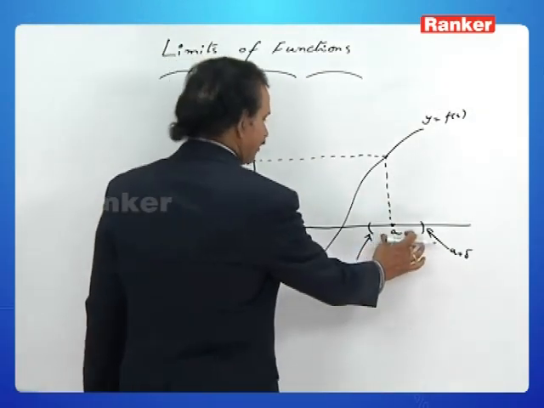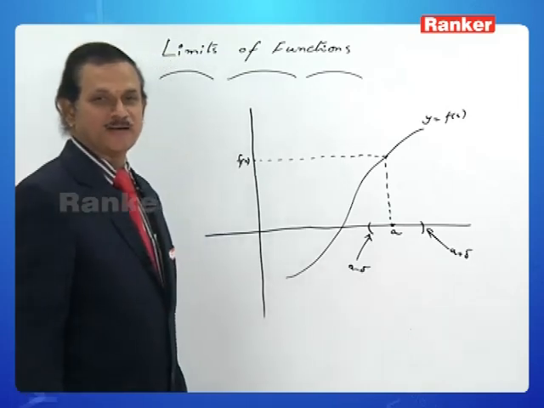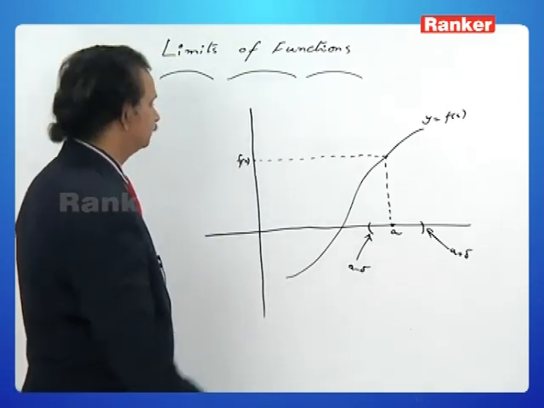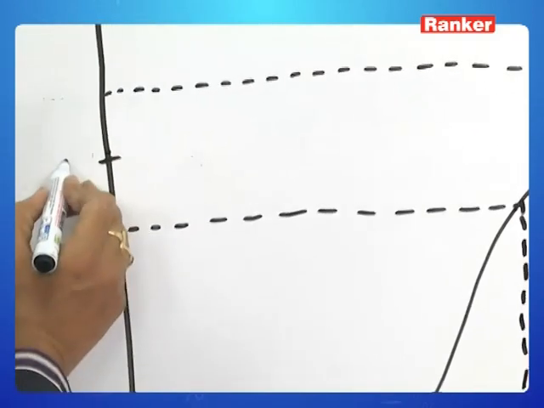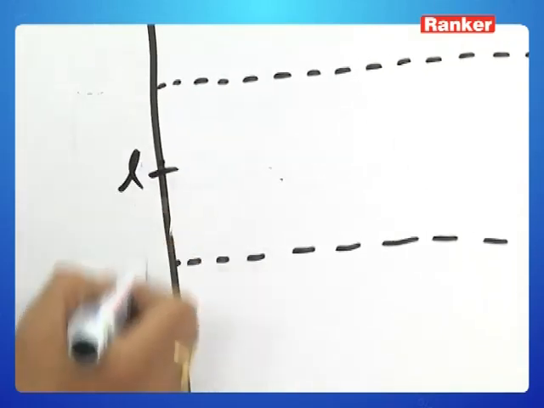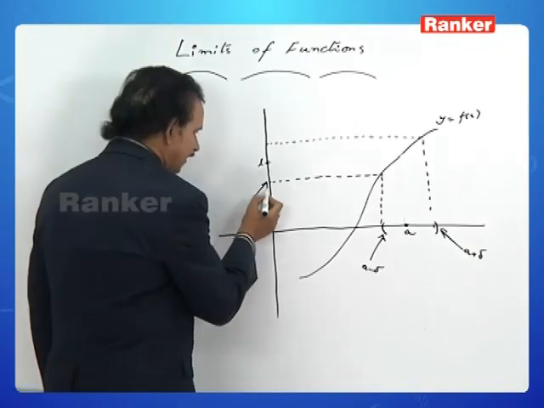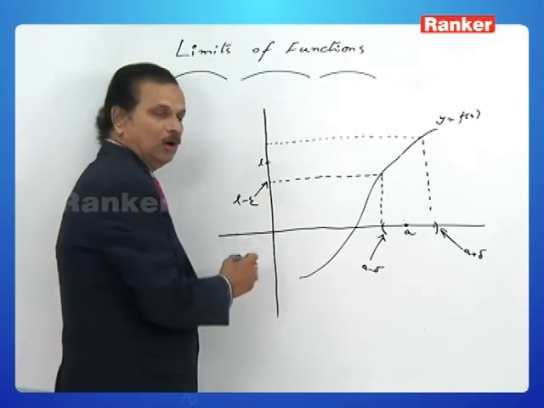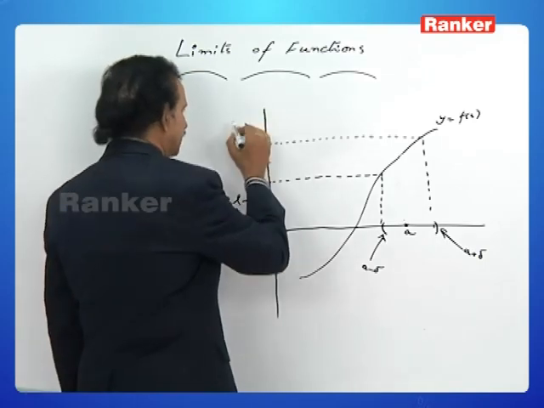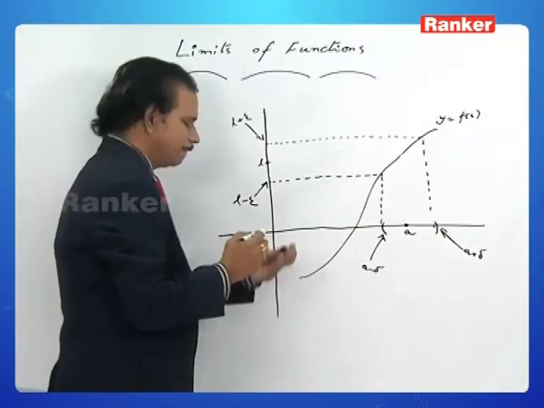So this is a neighborhood around a, that is nothing but the open interval (a − δ, a + δ). Let this be a real number, say L. Let me call this L − ε and this L + ε.